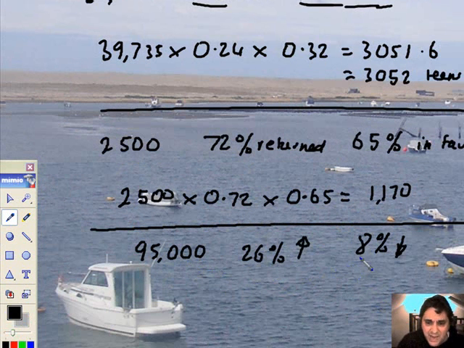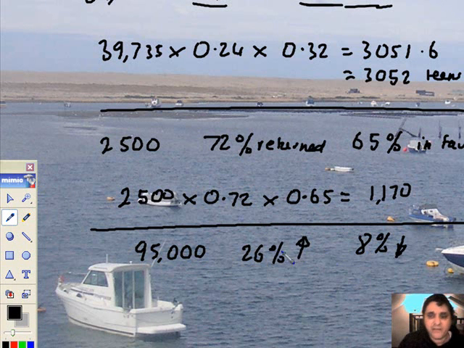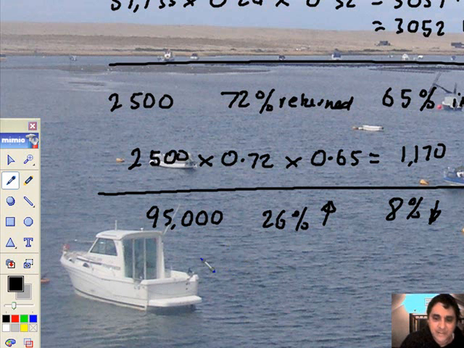Well, we can't go from there to there directly for the simple reason we've skipped a whole year out in time. First, let's work out what the price is after the first year, and then take off the 8% for the second year. So here I go. Cost me £95,000 to build. If I'm going to increase by 26%, I'm going to multiply by 1.26.